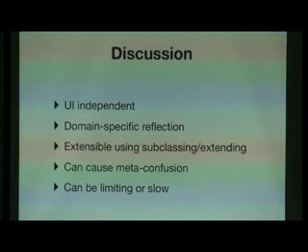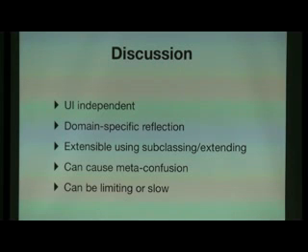Okay, that's an example of a meta model. It is user interface independent. You can do all kinds of domain-specific reflections, so you know what is currently selected, what should be displayed in the other panes, etc. It is highly extensible with the other mechanisms that we already learned before.